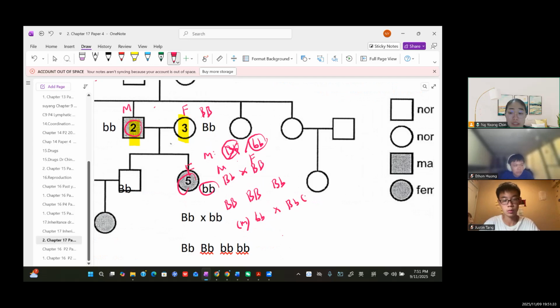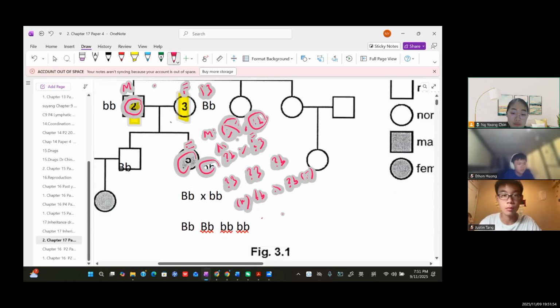Why must the female be a carrier? Because if the female is 2 big B, all of the offspring will be carriers and none of them will be affected. So you should know that the 1 small b is referred to the recessive. So when you do the crossing, it will be like this.